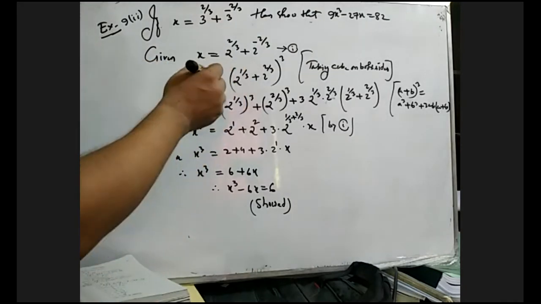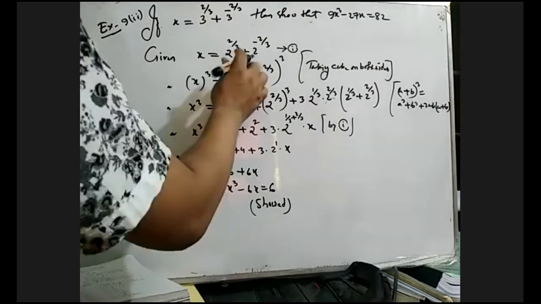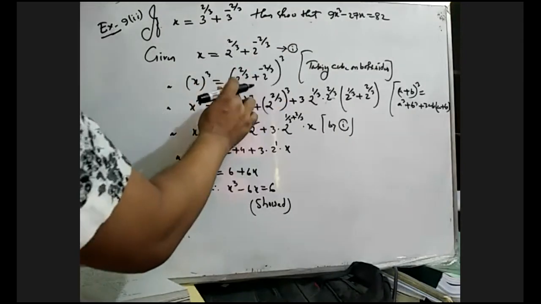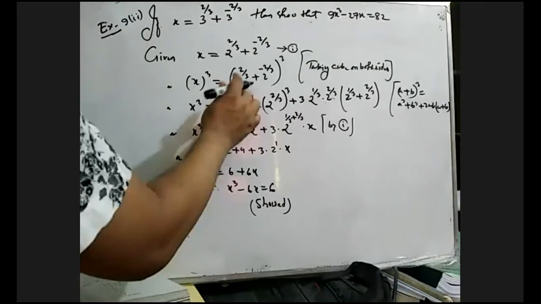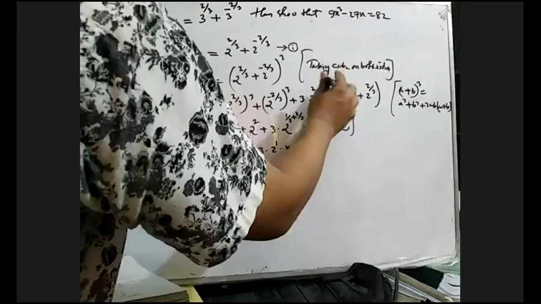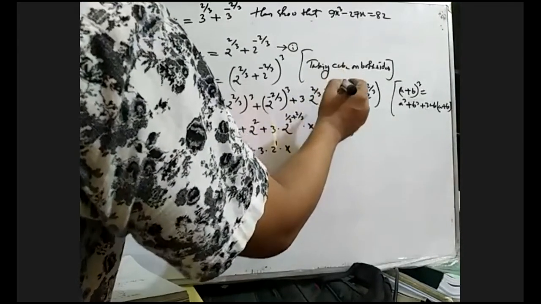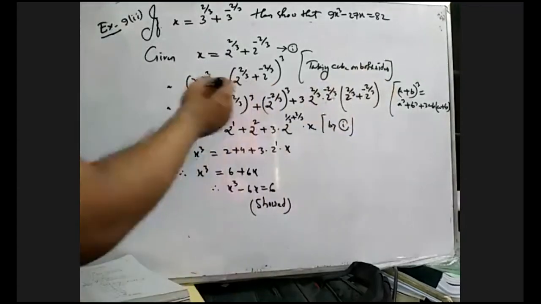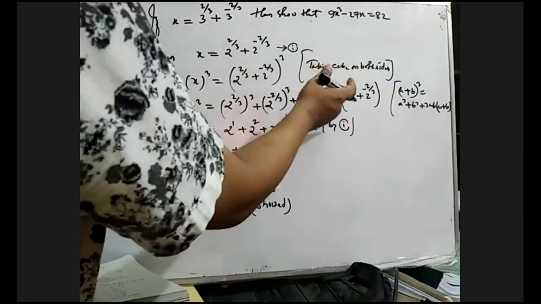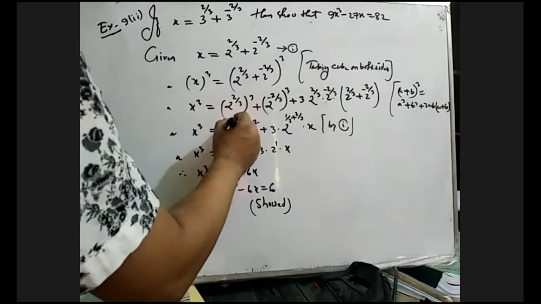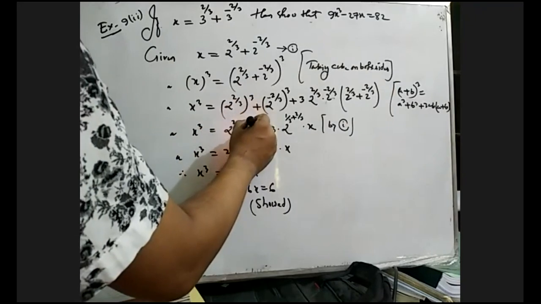So taking cube on both sides as in the previous example, A cube plus B cube plus thrice AB into A plus B. Same procedure, same example. And this will be 2 square. And this will be minus 2 square.